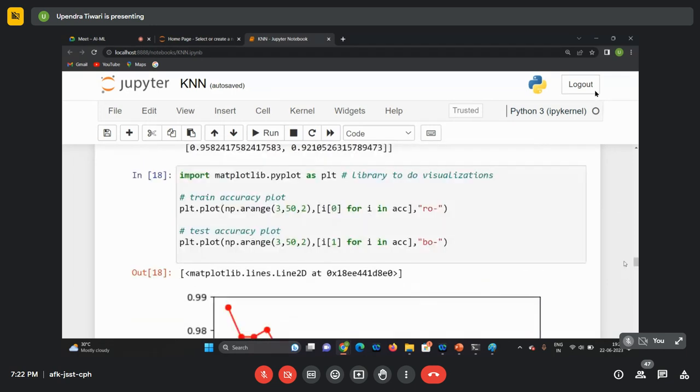When you are plotting this line plot, on the x-axis what value have you taken? From 3 to 49 at an interval of 2. So this is actually the value of k. In the same way here also, you have taken the value of k starting from 3 till 49 with the gap of 2.